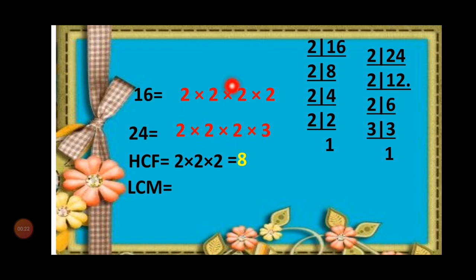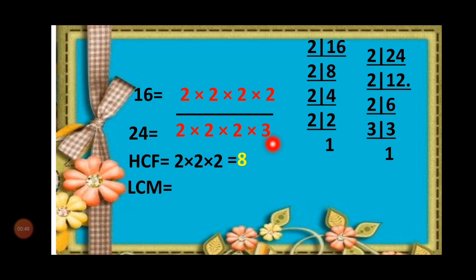Now you see here we are having two different numbers, one is 2, another is 3. First I go with the 2. Which number has the maximum number of 2's? 16 has the maximum, isn't it? It has 4 times 2's. So I am going to select those 4 2's and underline them.